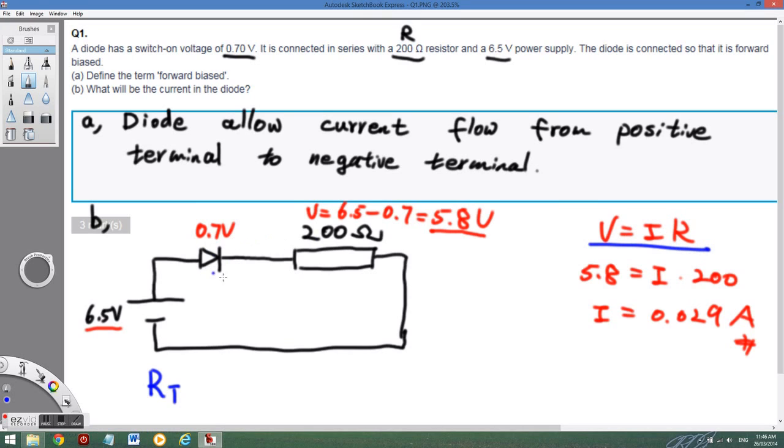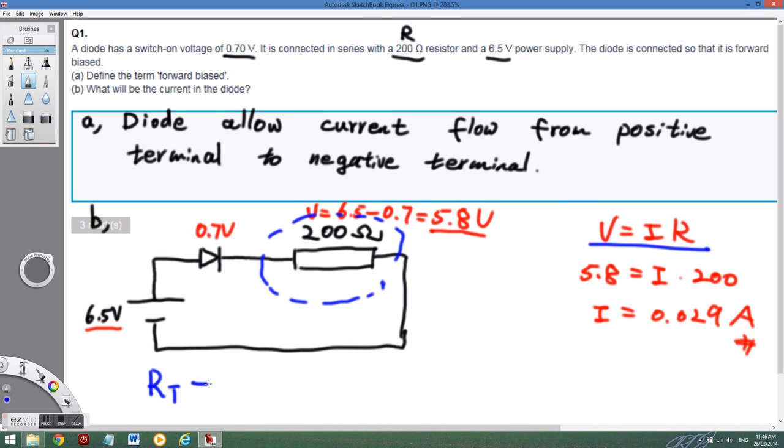But in this case, the diode is a non-ohmic device. We cannot find the resistance of the diode. So what we're going to do is analyze only this section of the circuit. We find the voltage of the diode, the operating voltage, so we know the voltage across the resistance. Then from that information, we find the current.